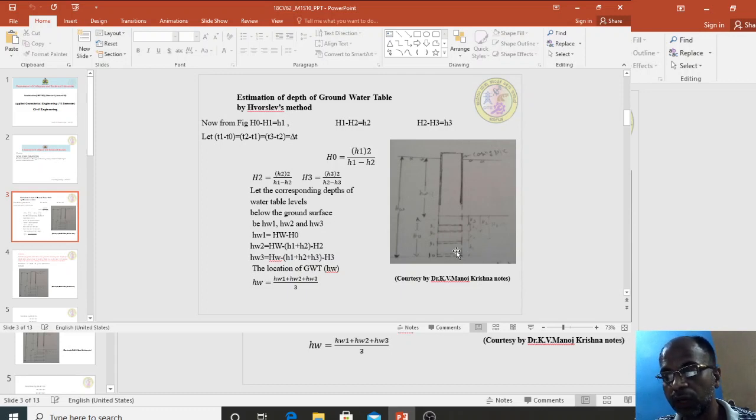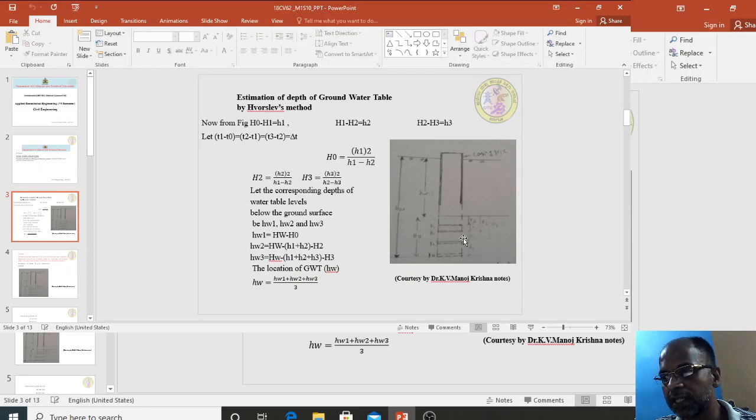So for the first trial or day 1, the rise is capital H1, which is equal to H0 minus small h1. Similarly, the rise in the second day, capital H2, is equal to h1 minus h2.